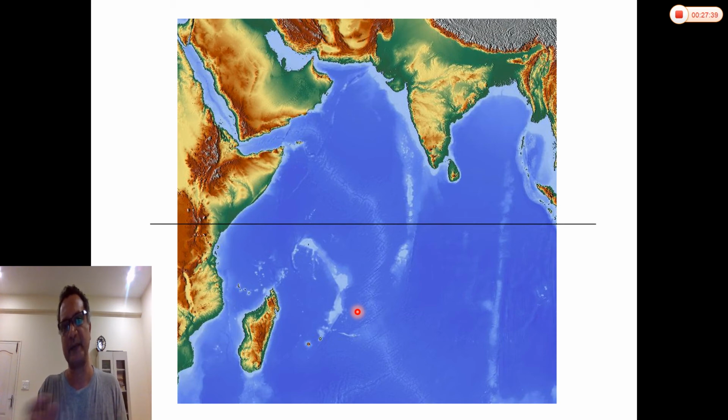So India and Madagascar were together. Madagascar separated from Africa about 120 million years ago, and then India separated from Madagascar 80 to 90 million years ago, say 85 million years ago on average, and then India moves all the way to Asia in the northern hemisphere.